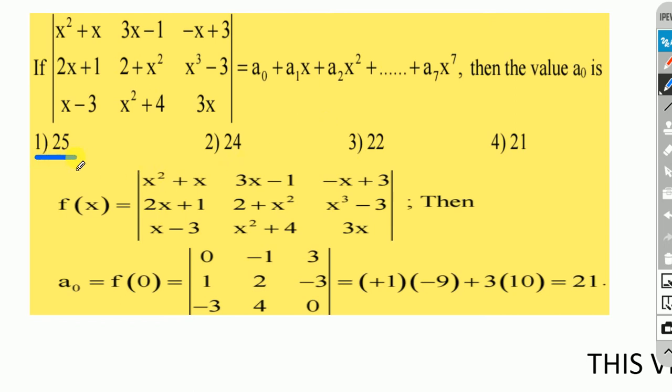Options are 25, 24, 22 and 21. Let us see what is the correct option.